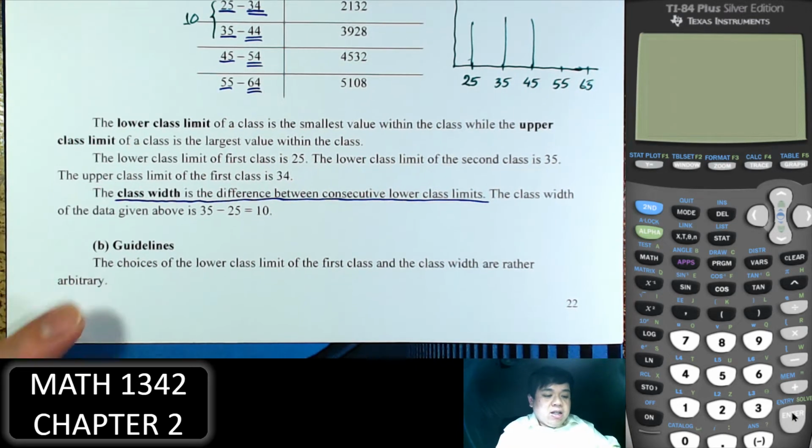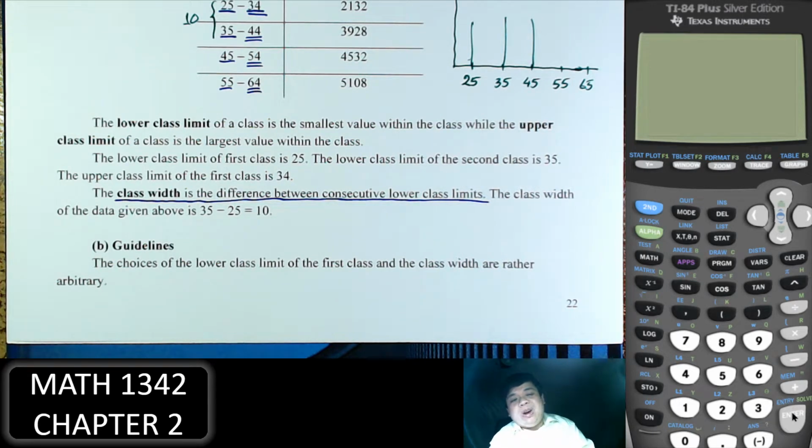Now, the guidelines: the choice of the lower class limit of the first class and the class width are rather arbitrary. Of course, if you want to, say between 25 and 64, you can choose 25 to 30, then 30 to 35, and so on.